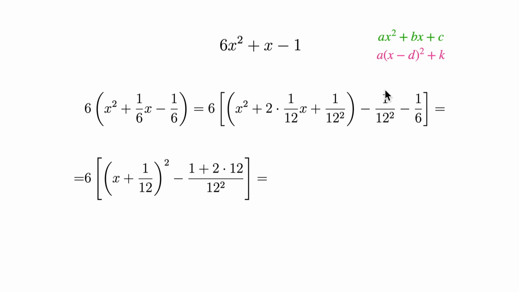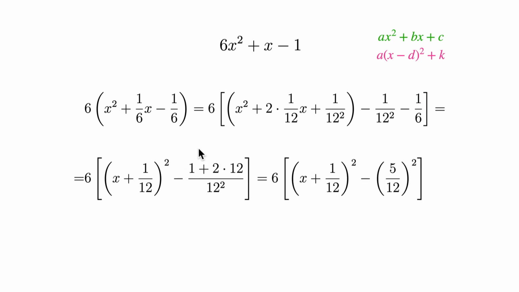So here in this fraction, I just have numerator 1, and after creating the denominator 12 squared here, I have to multiply the numerator of this square by 2 times 12, right? Because 2 times 6 is 12, and I need one more 12 in order to complete to 12 squared. And this is simply 25 here, right? 24 plus 1. So this is the completed square.